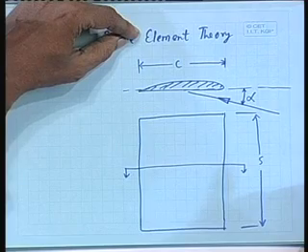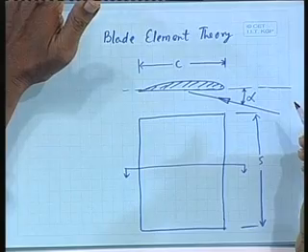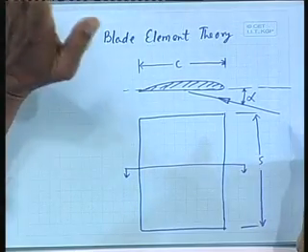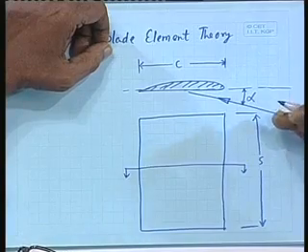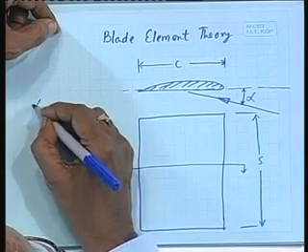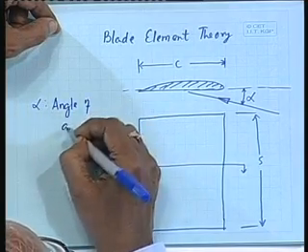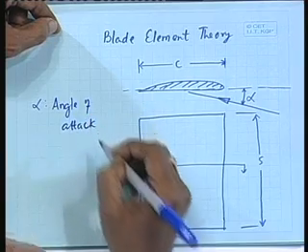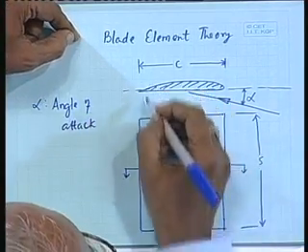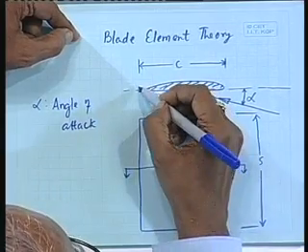Yes? What will happen? There will be a force generated which will be perpendicular to the direction of flow. What is the direction of flow? At an angle. What is alpha called? Angle of attack. This will generate a force, let us draw it at the end, it is convenient.